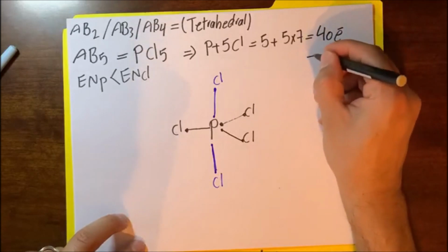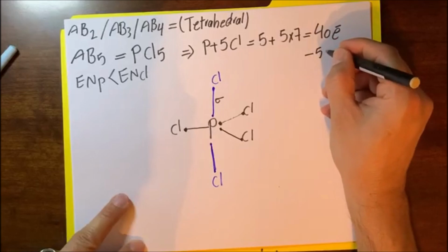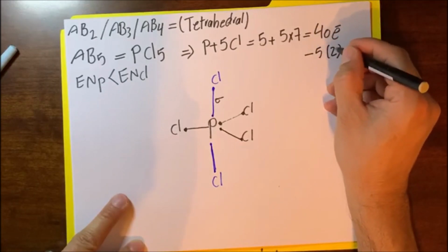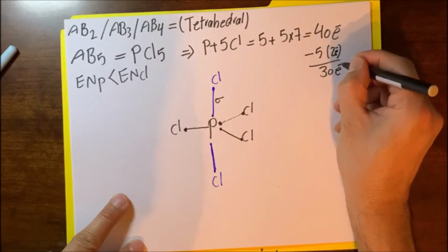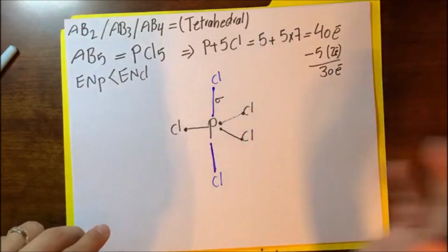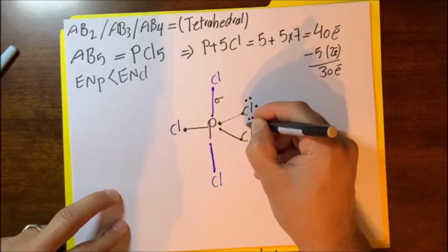So minus, we made 5 sigma bonds, and we use 2 electrons for each bond, so it will be minus 30. Yeah, 30 electrons. Give the electrons to outer atoms and make them octet.